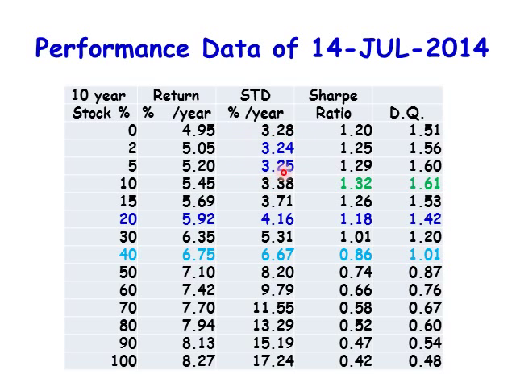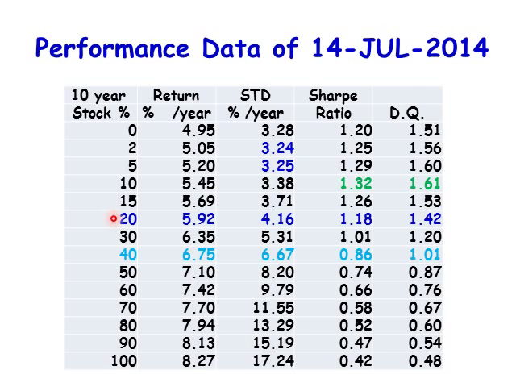For the least standard deviation, 3.24 and 3.25 are close, so we just use that one here. That means 5% stocks gives you about the least standard deviation. At that level, return is 5.2% per year and standard deviation is 3.25% per year.